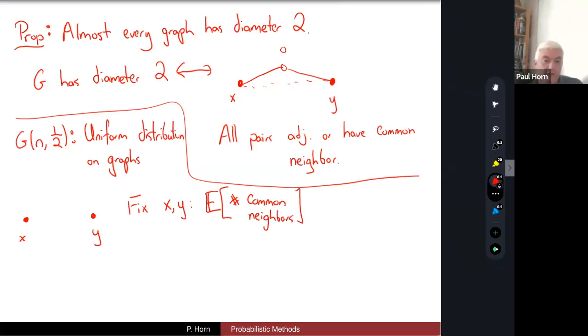I'd like to prove that it's very likely that the diameter is 2. So I'd like to say that hopefully I fix this x and y, they should have at least some common neighbors. But actually much more than this is true.